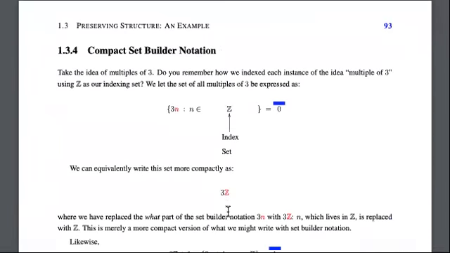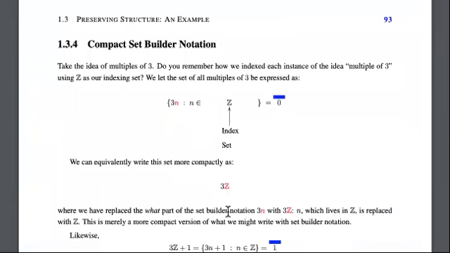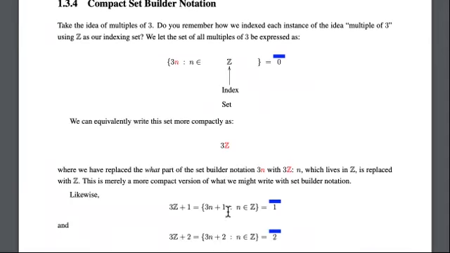And one last thing to conclude this section, 1.3.4, compact set builder notation. All right. So sometimes we can think of 3Z itself as a set. What set is it? It's 3 times everything in Z. So multiples of 3.